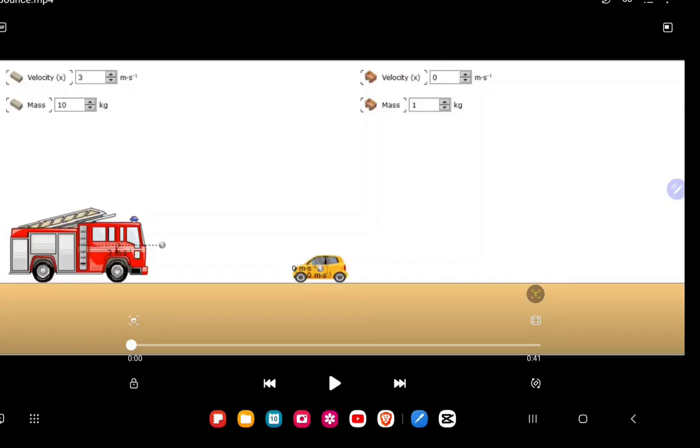In this model, as we can see, there are two cars, a big one and a small one. The mass for the big one is 10 kilograms, and the mass for the small one is 1 kilogram. The velocity for the big one is 0, and the velocity for the small one is 3. So let's see what's going to happen.